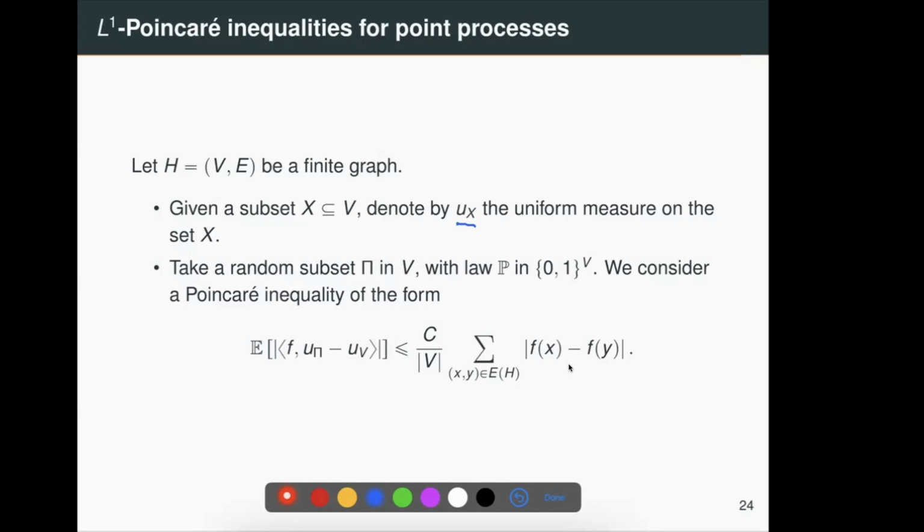Here V is a finite set: you take this region with a local expansion, and we call the vertex set V. Then we consider some random subset, say this is my set pi, which has some distribution. And then I consider the transportation cost from the uniform measure on this subset to the uniform measure on this vertex set. So this is an L1 Poincare inequality. On the right-hand side, you have the usual Dirichlet form, which is the same as what you would see in expander inequalities.